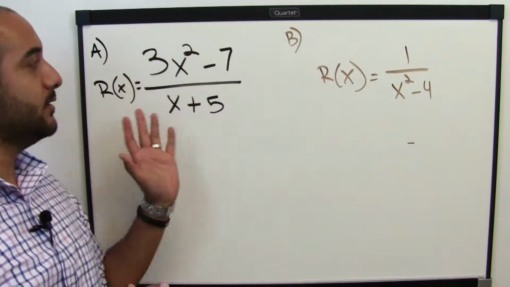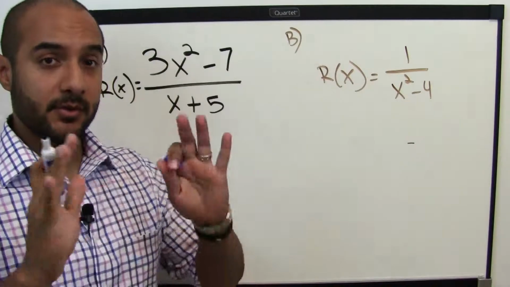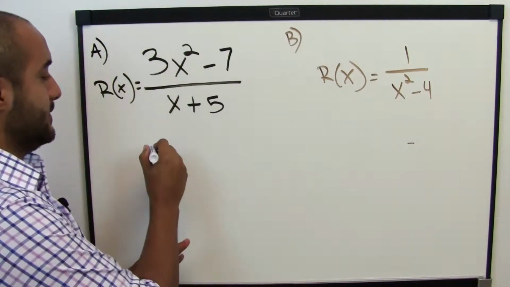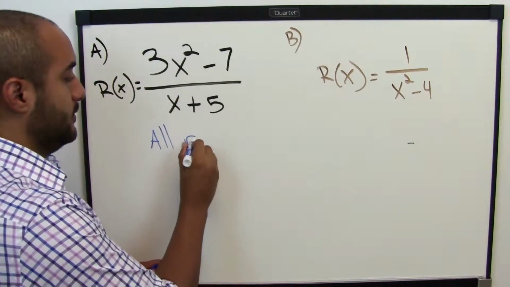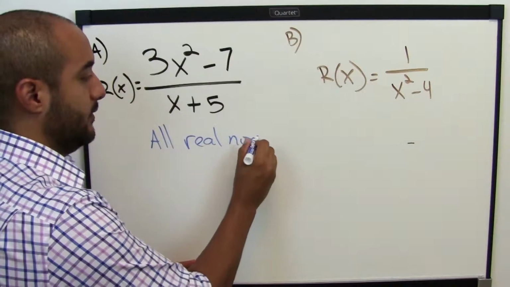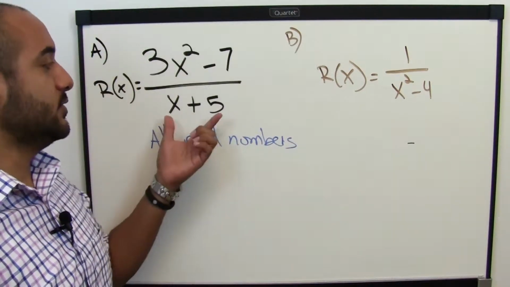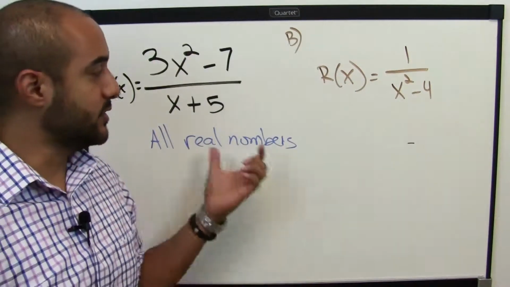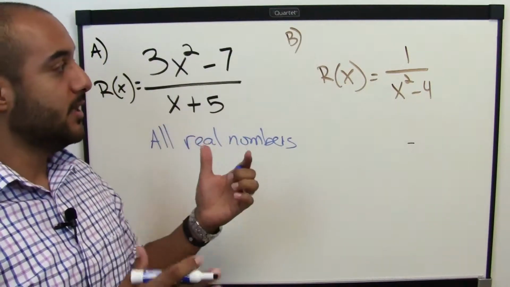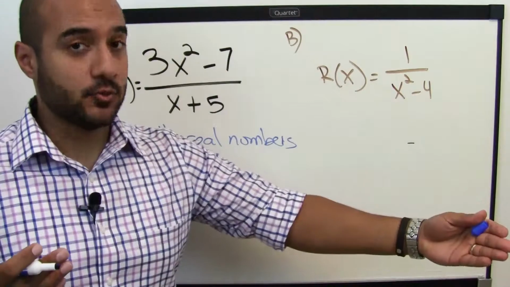Okay, so let's take a look at these two examples. Remember, our domain is all real numbers. Not done though, we need to check our denominator. We need to check this polynomial function so that it's not equal to 0, right?